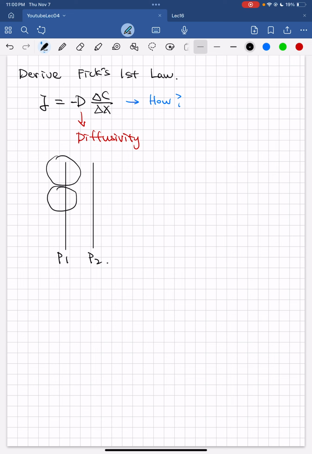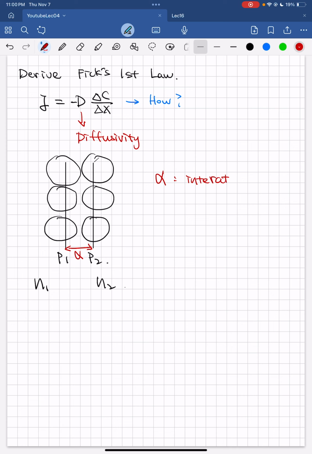It will be full of atoms here also. Now imagine this wall is very, very big and it has a lot more atoms than this. It's not 3 atoms, of course. So there are N1 atoms on plate 1 and N2 atoms on plate 2. And we call this alpha the interatomic distance.